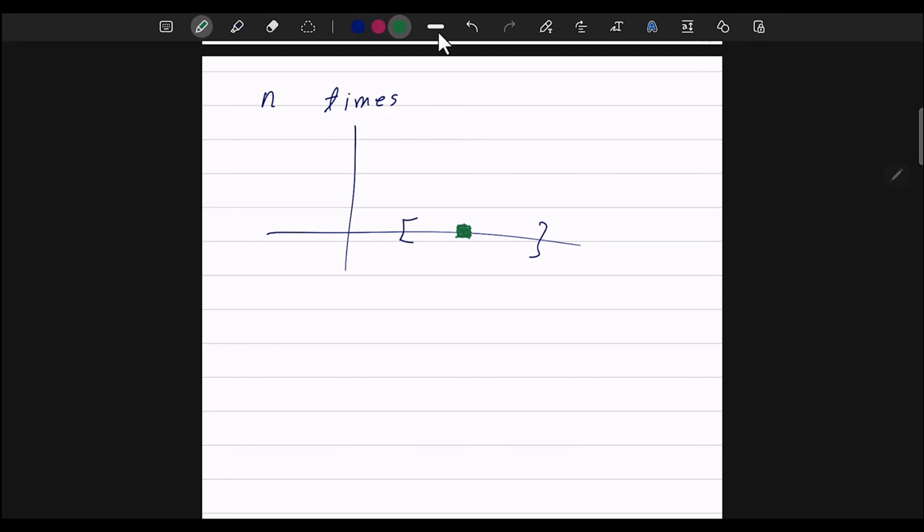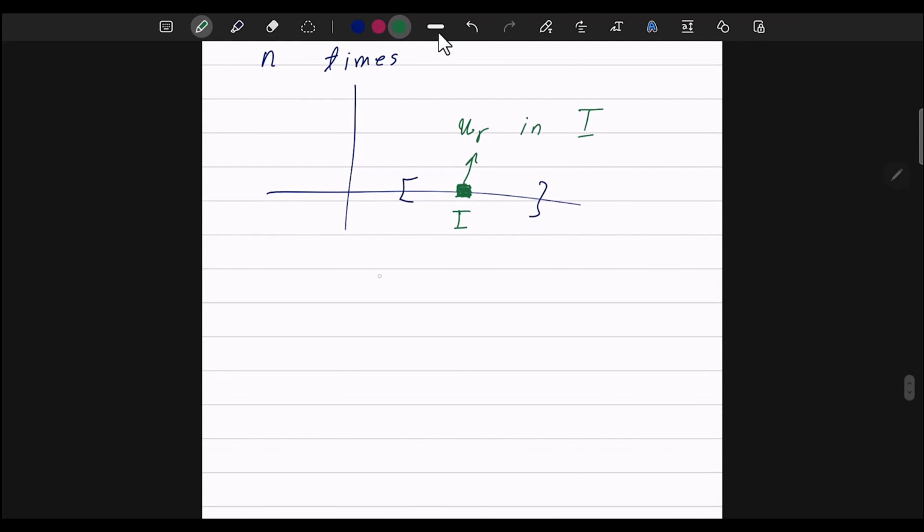Now, as an approximation, now you know that x of r is necessarily in, let's call this interval I, and let's assume that I is like this, AI and BI.